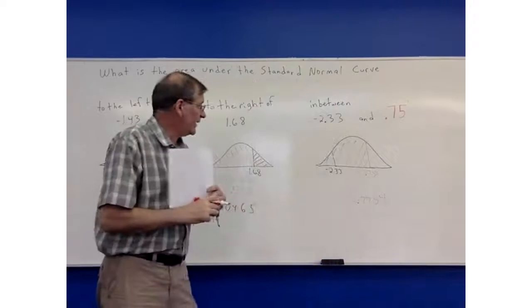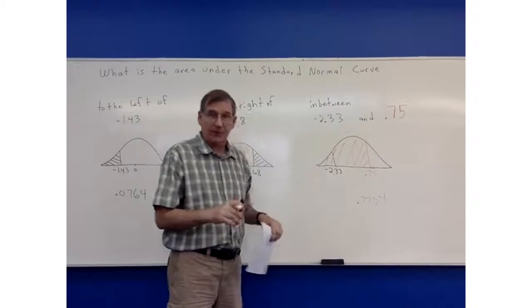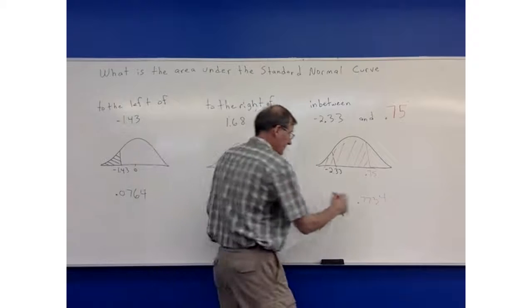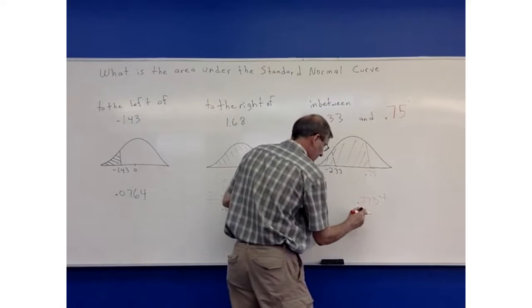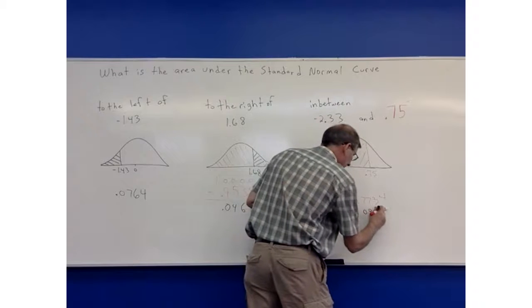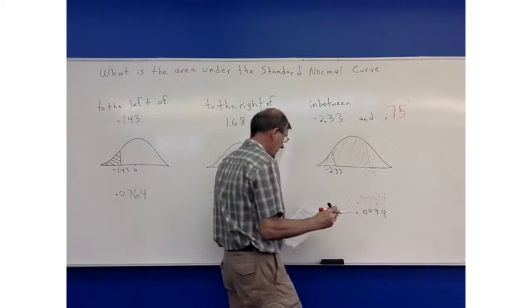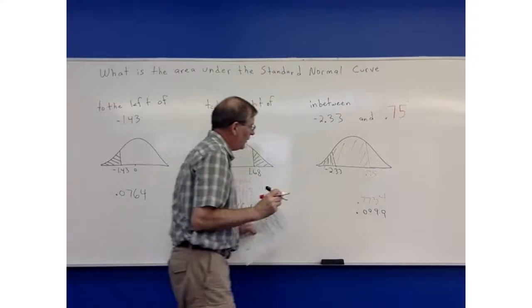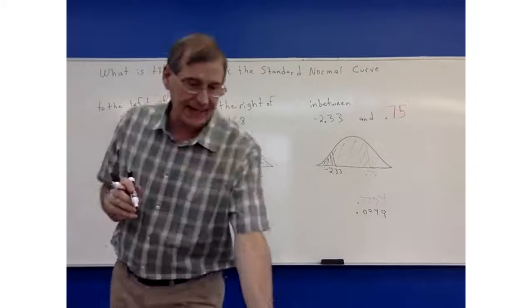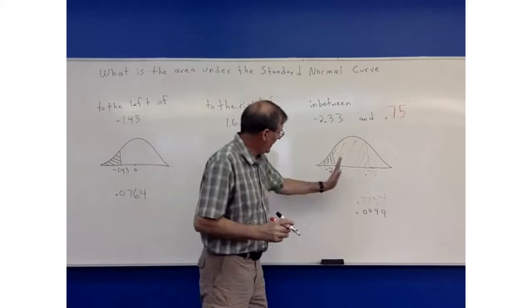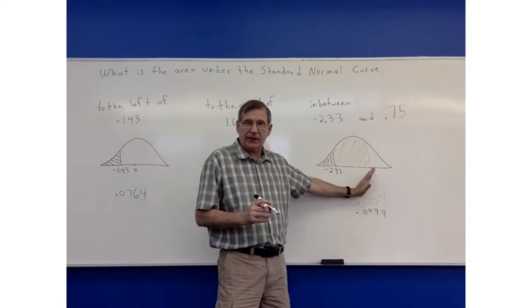Now, notice that includes the area to the left of negative 2.33. If you look at negative 2.33, I get 0.0099, and this is the area in black. So what mathematics, what geometry, can I do so that I have the area between negative 2.33 and 0.75?